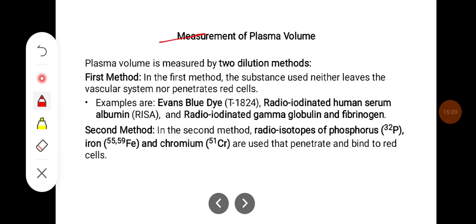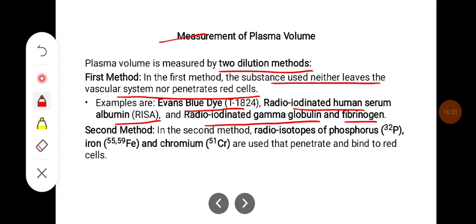Measurement of plasma volume. There are two dilution methods. In the first, the substance used neither leaves the vascular system nor penetrates red cells, for example Evans blue dye, radioiodinated human serum albumin (RISA), and radioiodinated gamma globulin and fibrinogen.